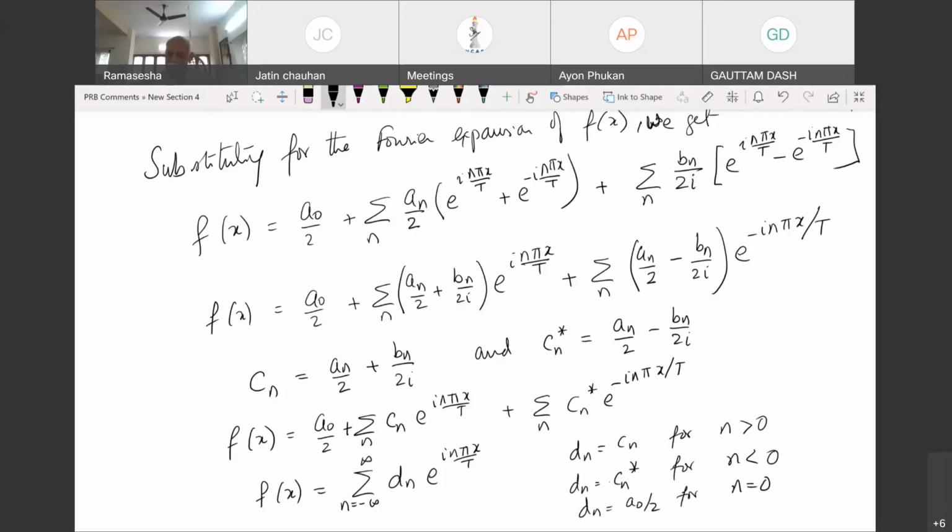So you see how I can get a complex Fourier series starting with just the sine and cosine expansions and using Euler's formula for e to the power i theta.